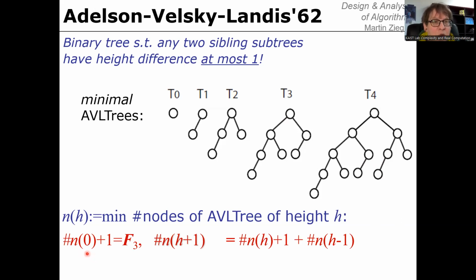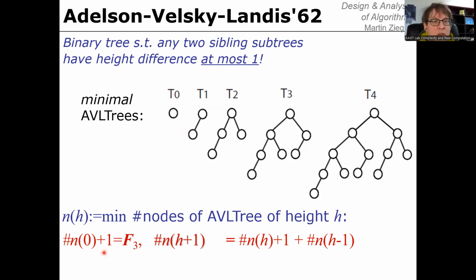And we observe the induction start: the minimal number of nodes of an AVL tree of height 0. This is the unique AVL tree of height 0. Plus 1 is actually F3. So let me say it again. The minimal number of nodes of an AVL tree of height 0 is, of course, 1, right?